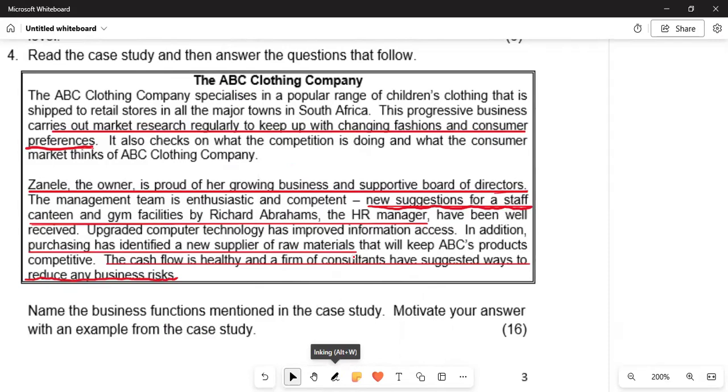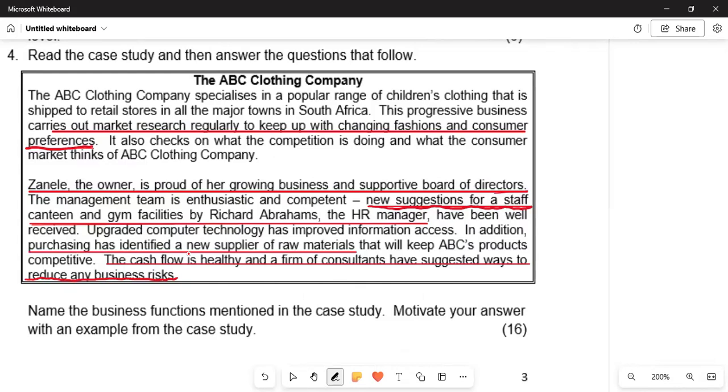So let us make sure that we are going to answer that together and that we understand it very well. So we are to answer this case study, whereby we are asked to name the business functions.